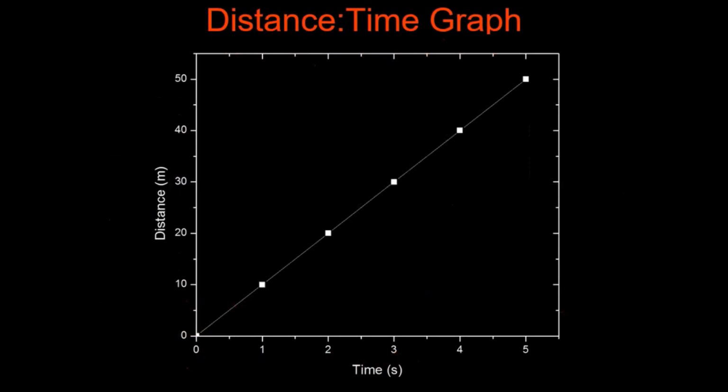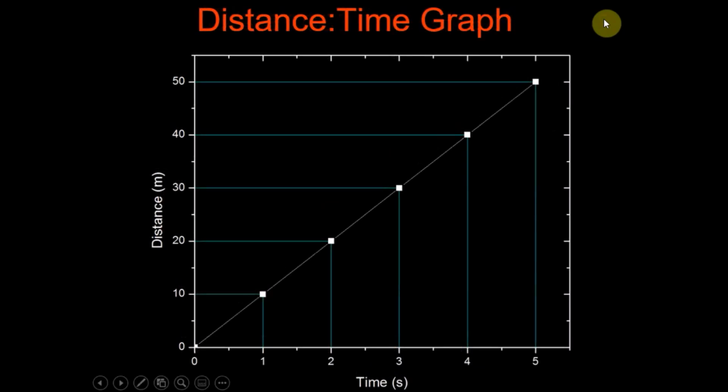Every second, this vehicle had gained another 10 meters. So here we have distance, our displacement. Here we have time. The corresponding st graph to that velocity time graph will look like this. Every second, the vehicle gained another 10 meters.